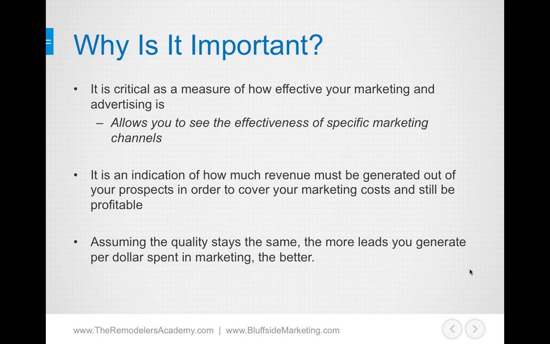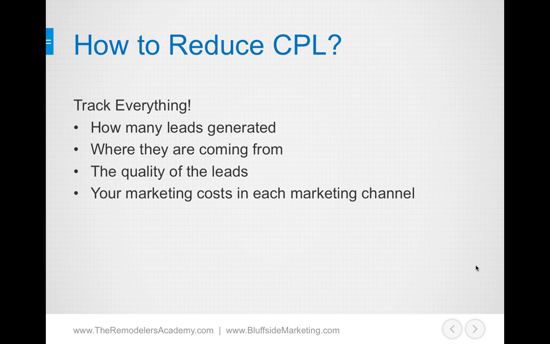If you spend $100 and you get 5 leads versus spending $100 and getting 1 lead, obviously getting 5 is a lot better. So you want to maximize the leads you get per dollar spent. And the company that can do that the best is typically going to be the one that truly excels with their marketing. So how do you reduce the cost per lead?